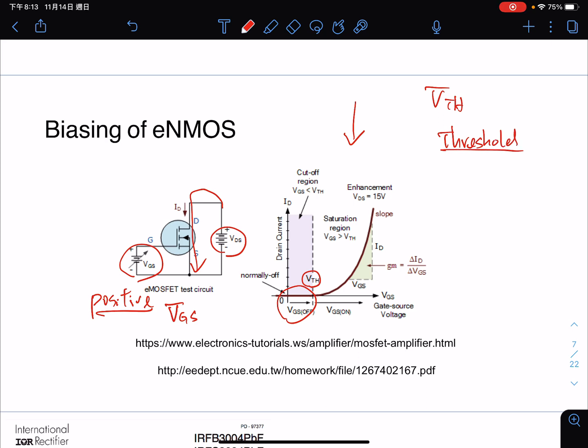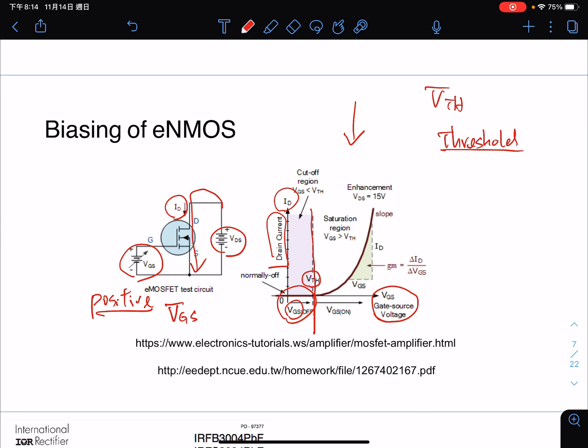Before the VGS is greater than the threshold voltage, there will be no current flow through the transistor. We can see that the x-axis is the gate to source voltage, and the y-axis is the drain current, from top to bottom.